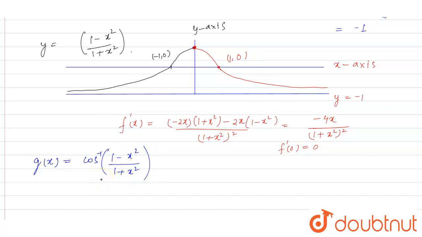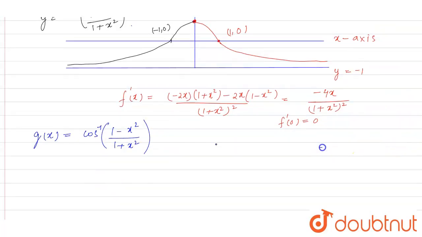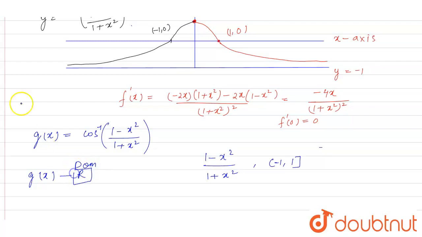Now if we observe, this (1 minus x square) divided by (1 plus x square) is lying in the range between minus 1 to 1. So g(x) is defined for every real number. So the domain is R for this g(x).